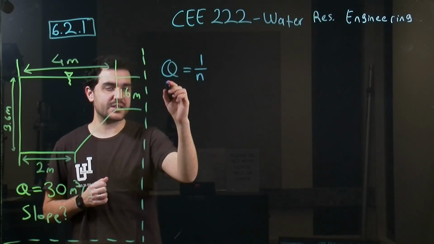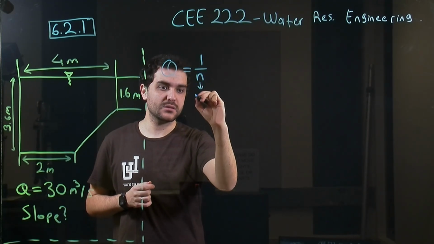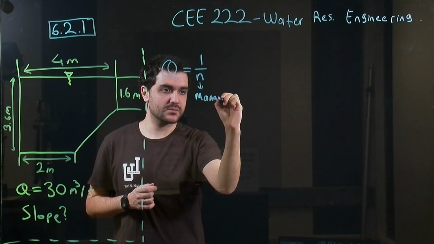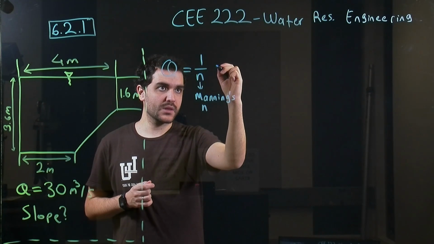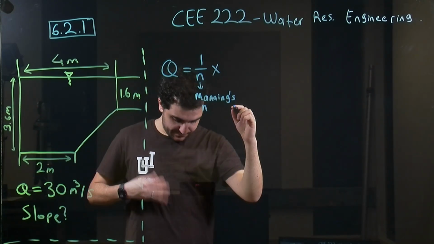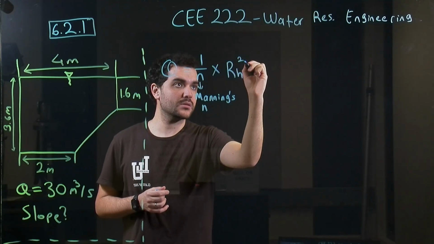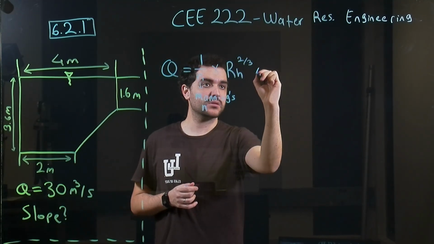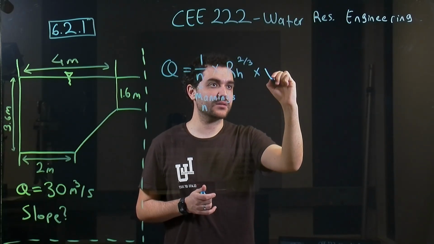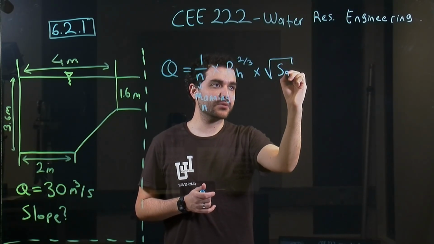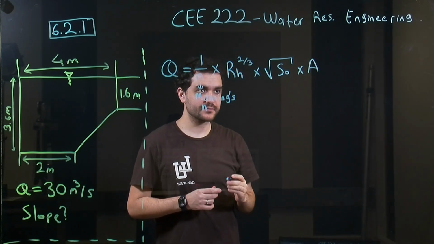According to Manning's, Q is equal to 1 over n, which is Manning's n factor, times hydraulic diameter times channel slope times area.